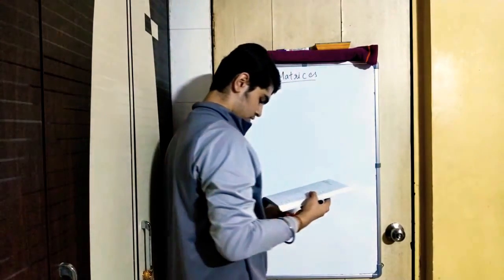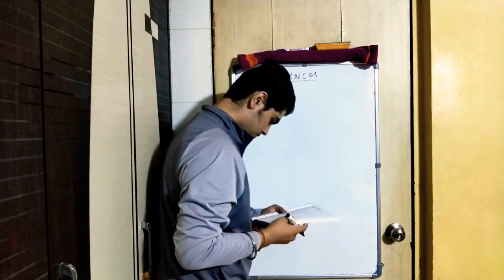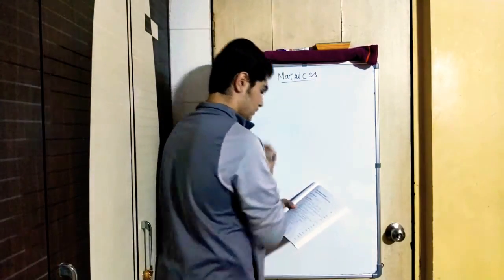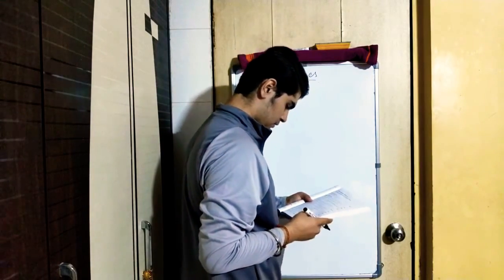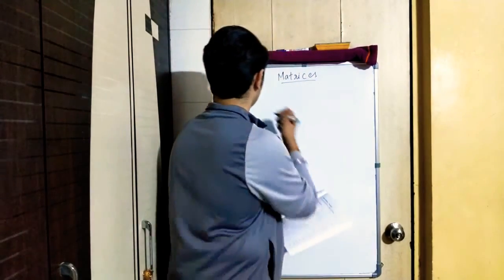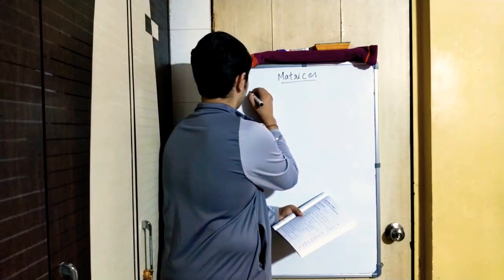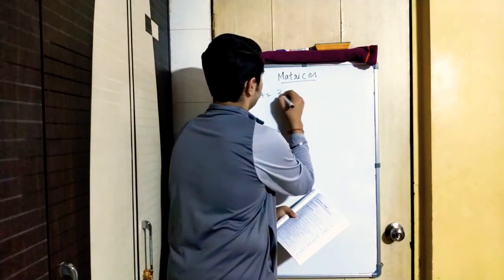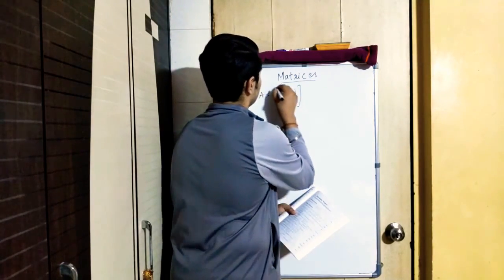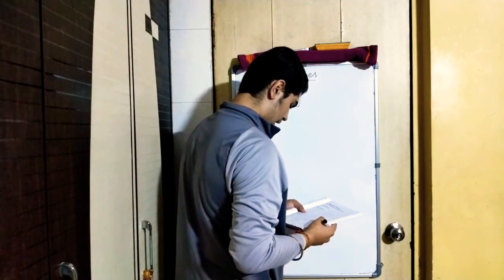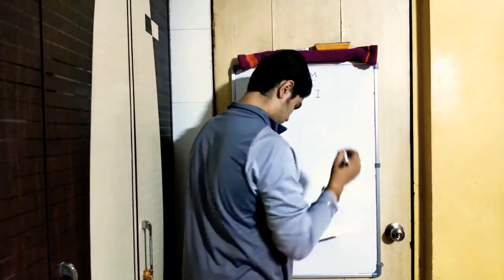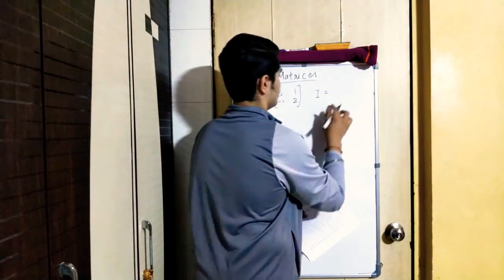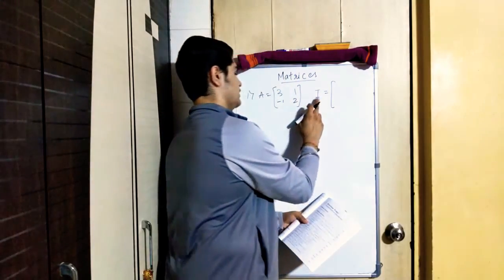So the first question is here, the 19th one. It's a board question from 2012. Here it is given A is equal to 3 1 minus 1 2, and I is equal to, what is I?